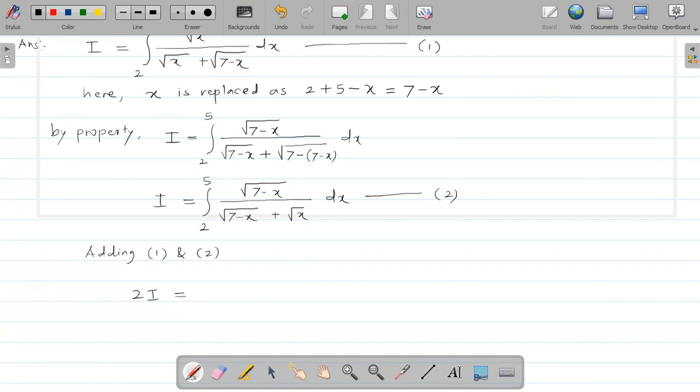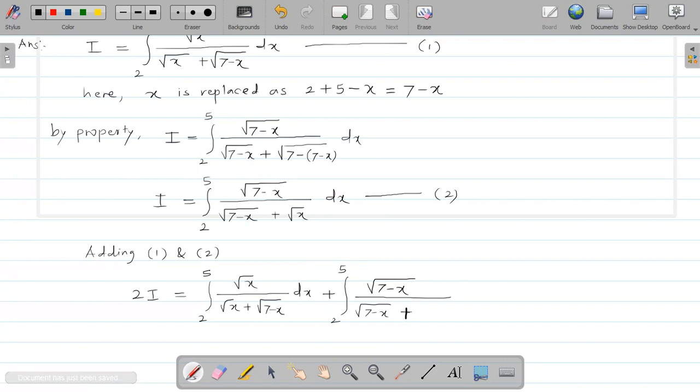On the right hand side I will write integration from 2 to 5 of root x upon root x plus root of 7 minus x dx, plus integration from 2 to 5 of root of 7 minus x upon root of 7 minus x plus root x dx.